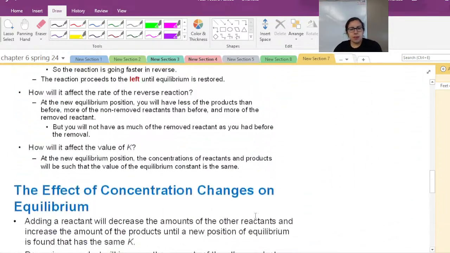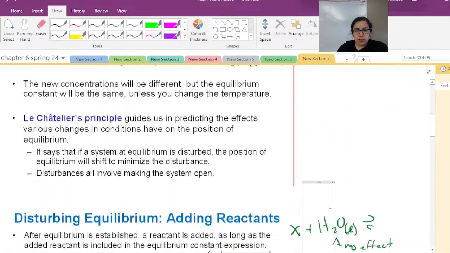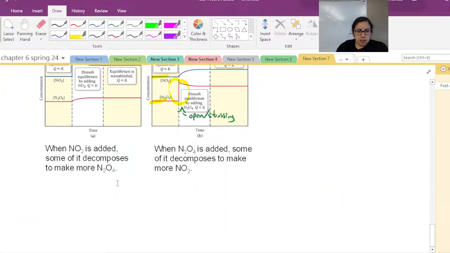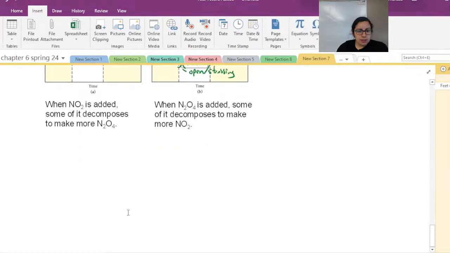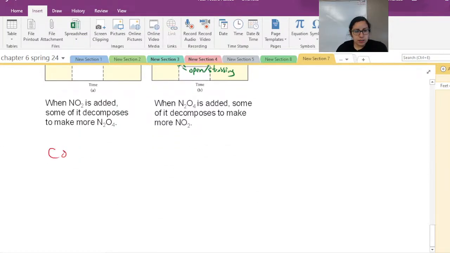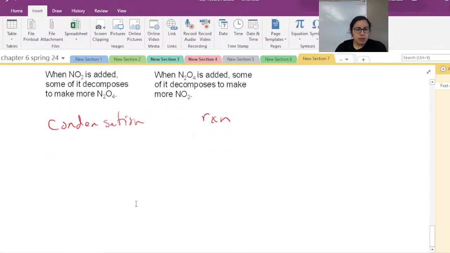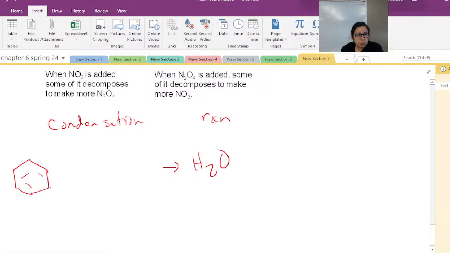And so then we can think of other ways that Le Chatelier's principle is used. Another common type of reaction is called a condensation reaction. A condensation reaction usually forms water, and you're bringing two products together.